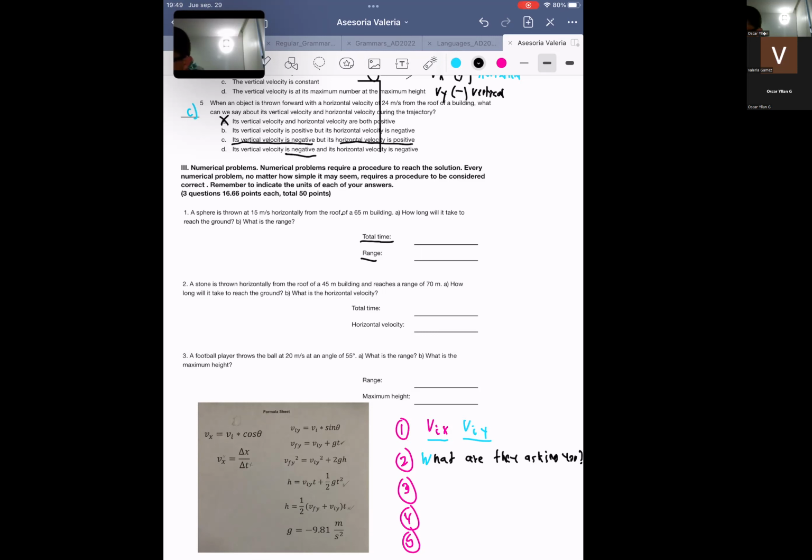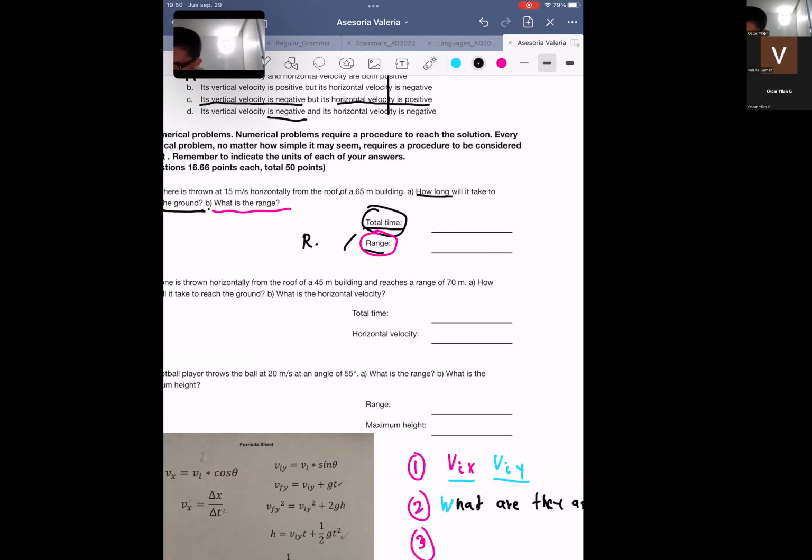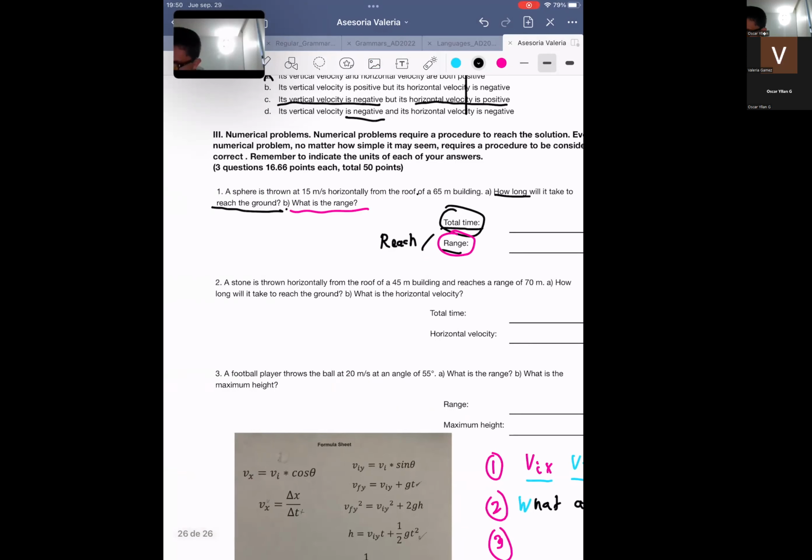How long will it take to reach the ground? Basically, this is the time, the total time. And what is the range? Also, it is the x maximum, the x distance.